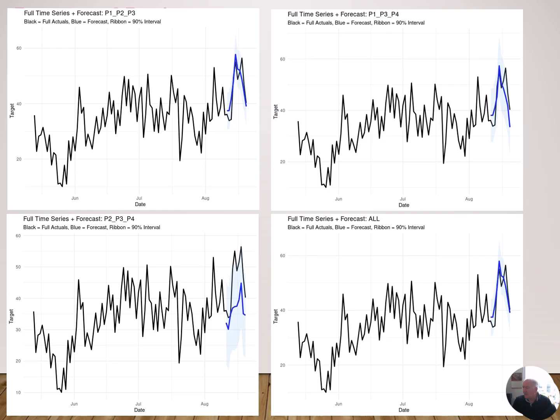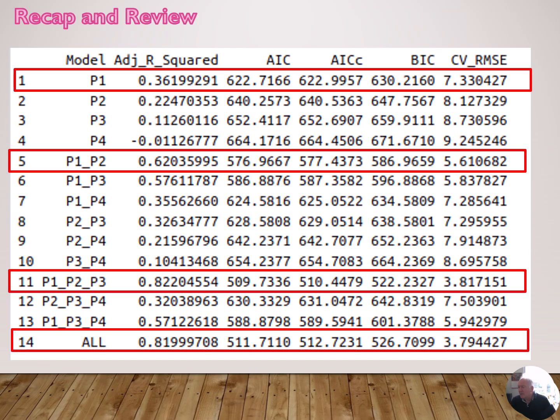And if we look at the forecast of all of them, it also does very well. So once again, if we look at our values, P1 seems to do okay. P1 and P2 also do very well. And we see that P1, P2, and P3, using those three predictors, we get pretty good values, and AIC and corrected AIC and BIC all have the lowest values.